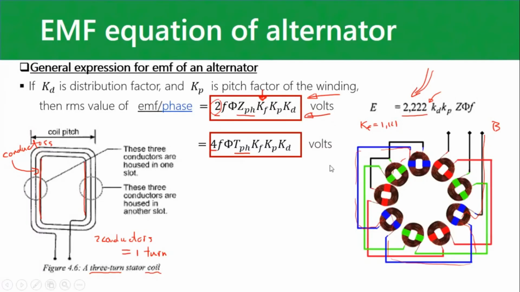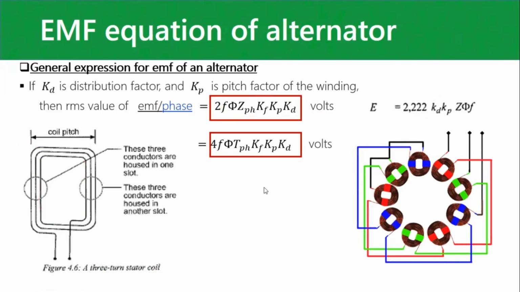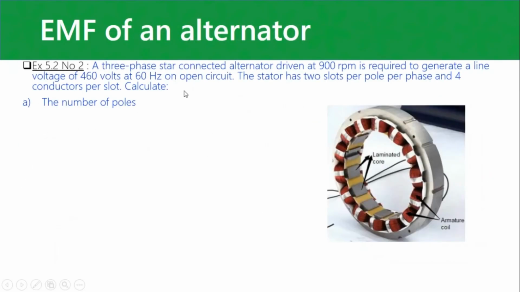Okay, so now if you've got a 3-phase star connected alternator, your N is the RPM required to generate a line voltage of 460, even if they just say generator voltage.